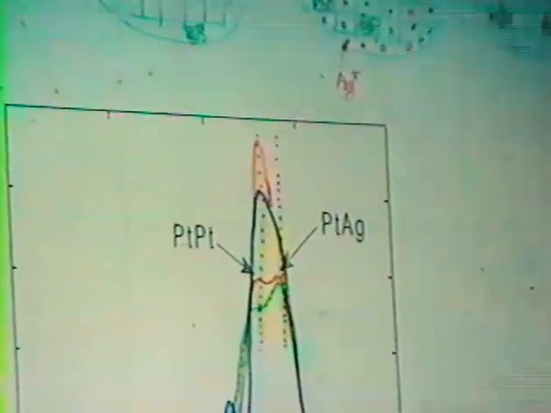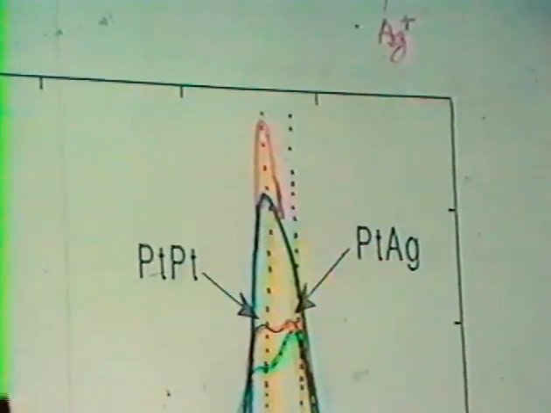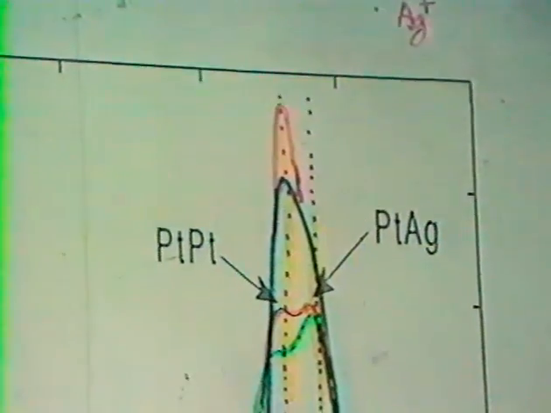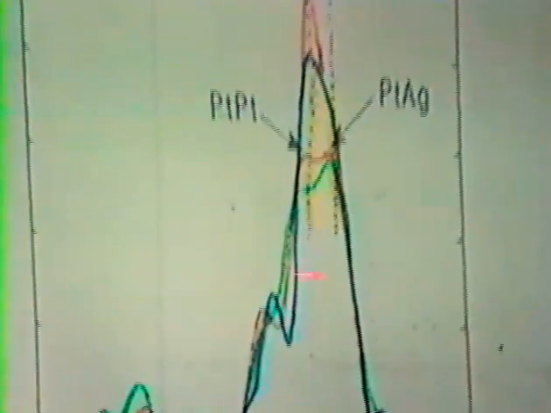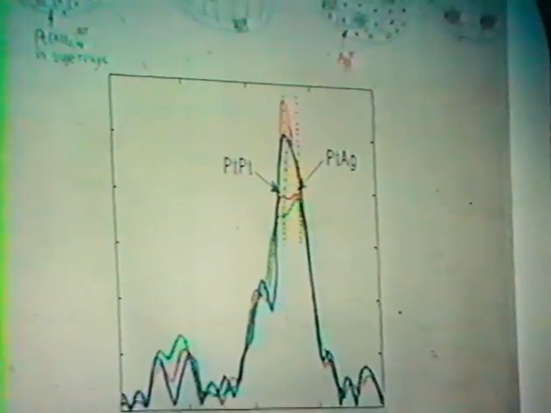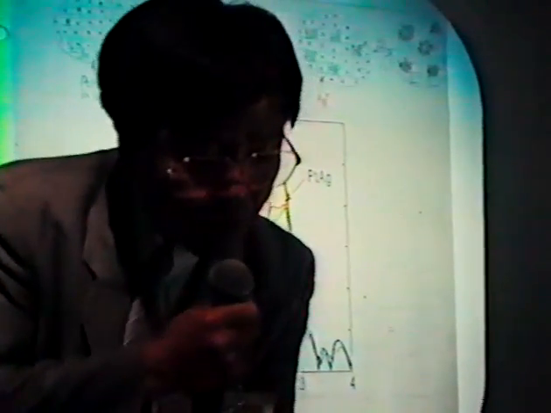So from the shape of this Fourier transform peak, we can understand that there is formation of a bimetallic cluster when we added silver onto the platinum cluster.